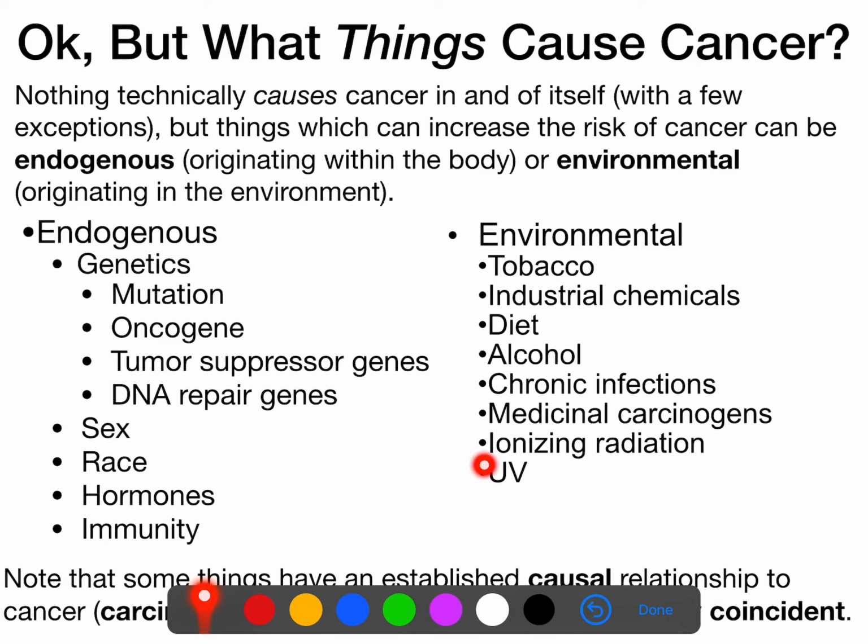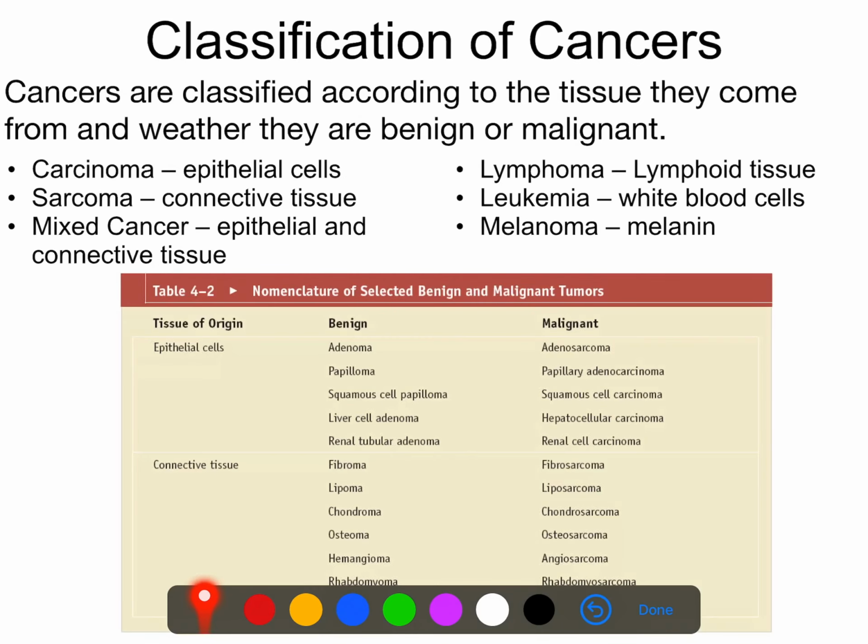Ionizing and ultraviolet radiation. Ionizing is like X-rays, and UV is UV. Those are both things that are found in the environment that cause mutations. This is not an exhaustive list. There are lots of things that can cause cancer that are not on here. So this is just a partial list.